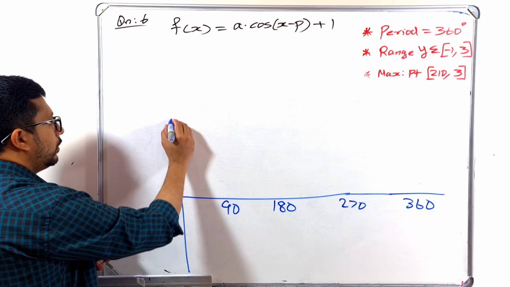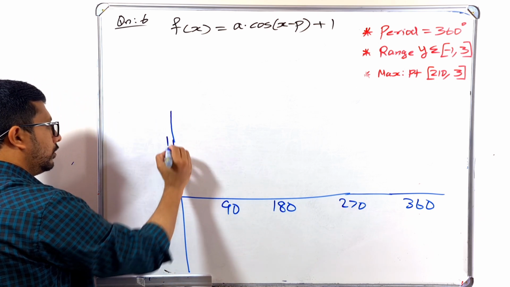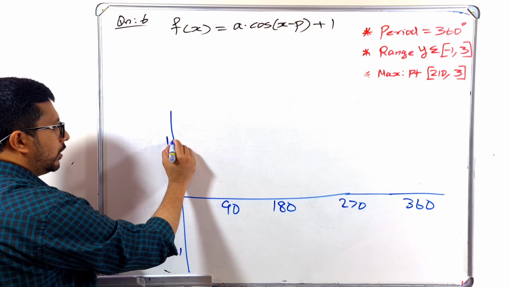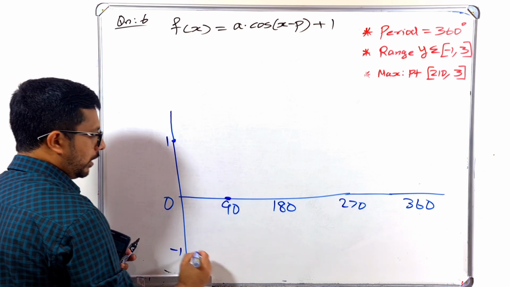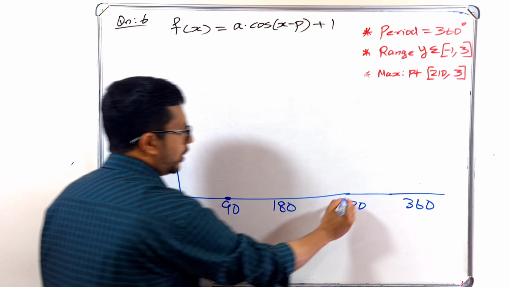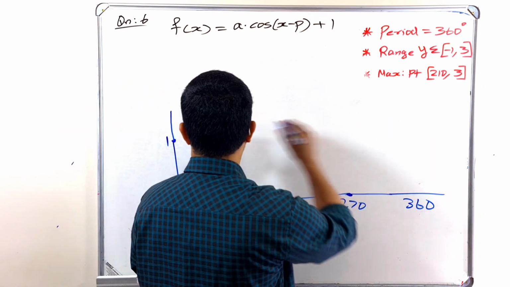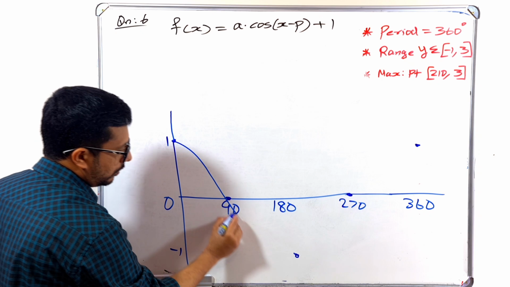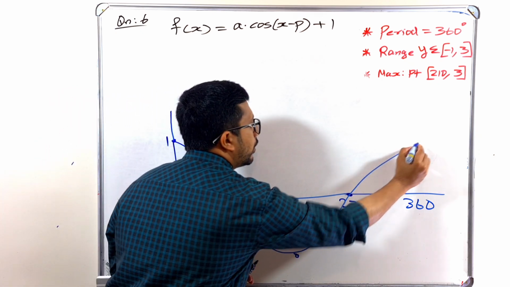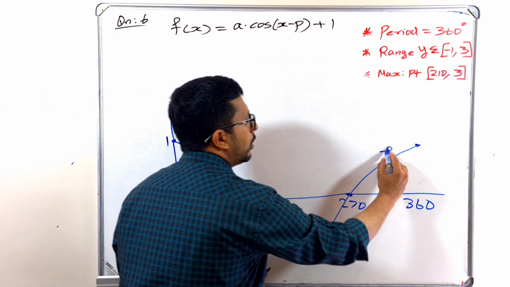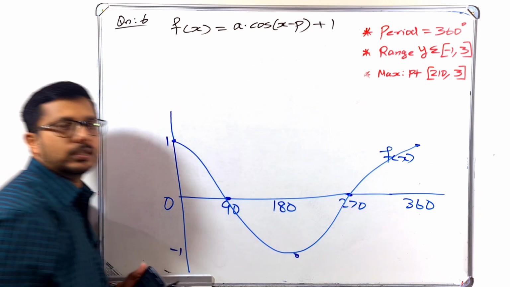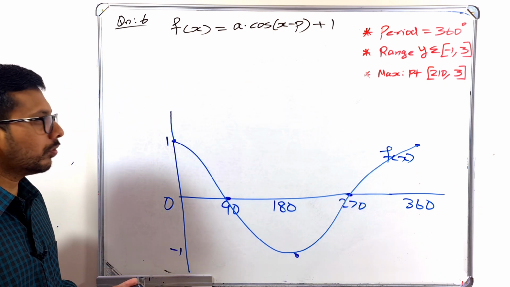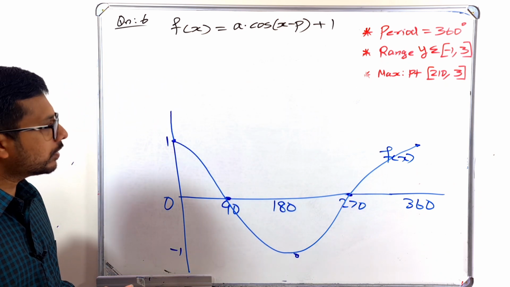For 0 it is 1, then at 90 it is 0, at 180 it is -1, at 270 it is 0, and at 360 it is again 1. So this is the normal cos x graph, the basic graph f of x is equal to cos x.